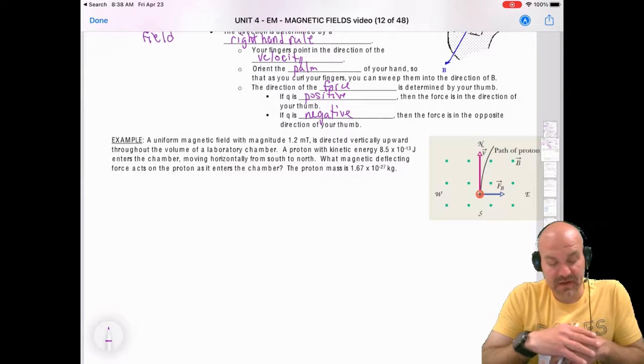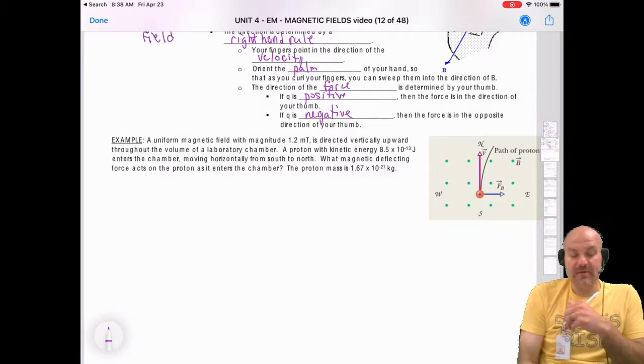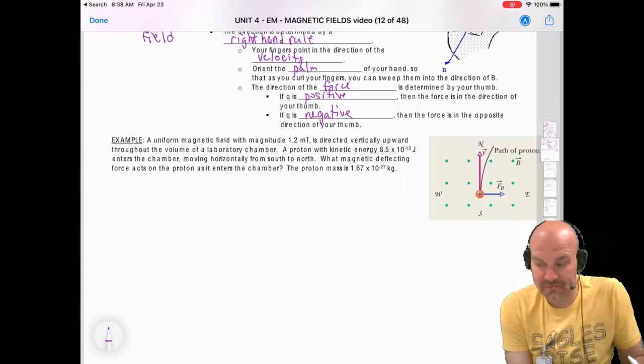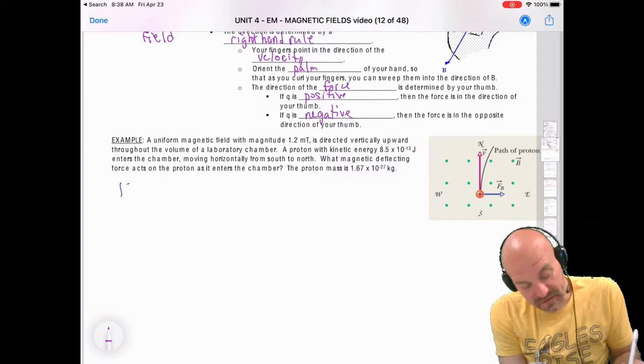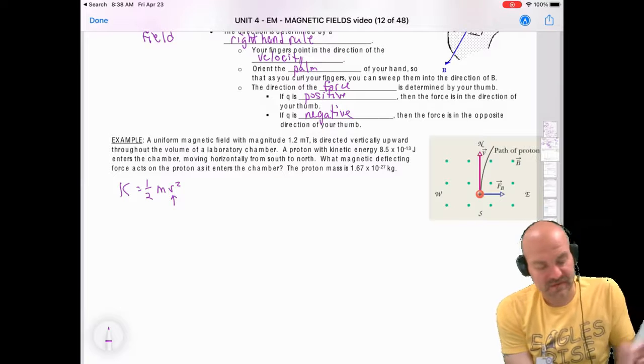A proton with kinetic energy of 8.5 times 10 to the negative 13 joules enters the chamber, moving horizontally from north to south. What magnetic deflecting force acts on the proton as it enters the chamber? The proton has a mass of 1.67 times 10 to the negative 27 kilograms. The first thing we need to do is use our kinetic energy formula to determine the magnitude of the velocity.